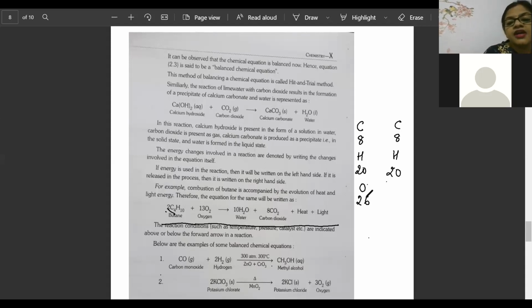Here oxygen is 8 2s are 16 plus 10, 26. Balanced or not? Tell me. Is it balanced or not? Yes, it is balanced. All of you are correct. It is exactly balanced.